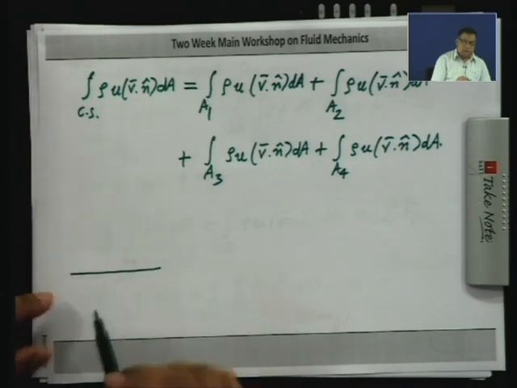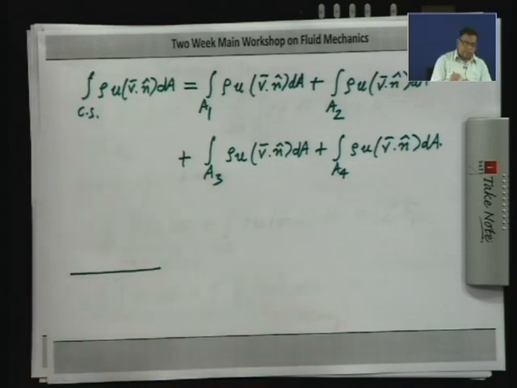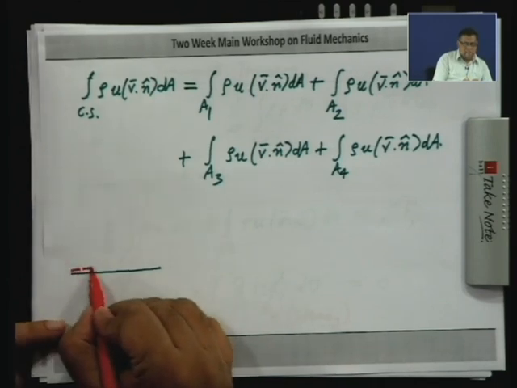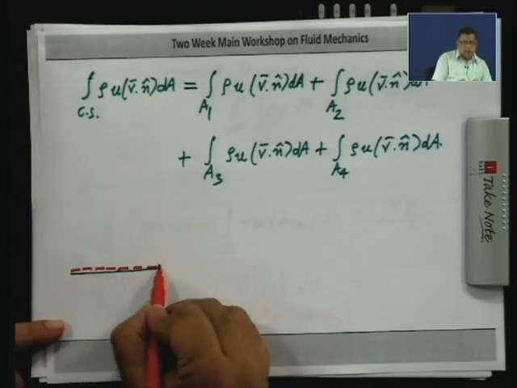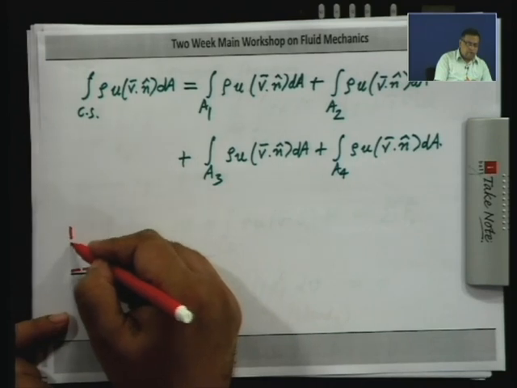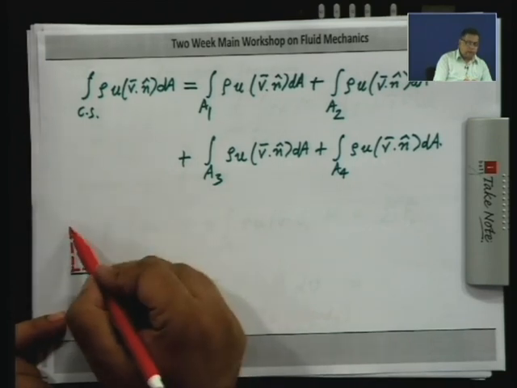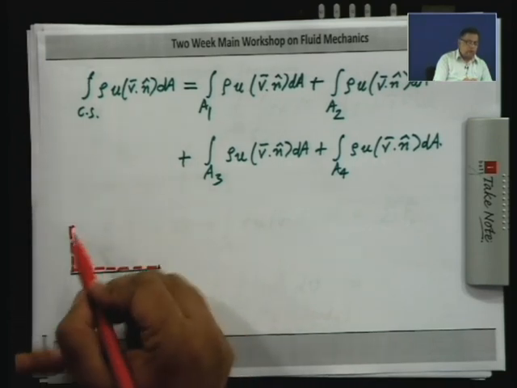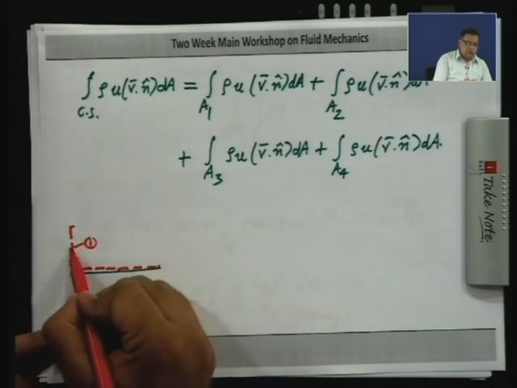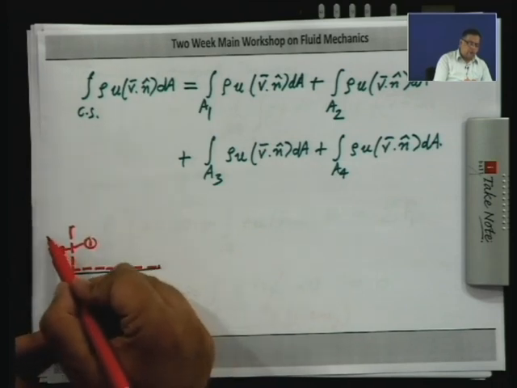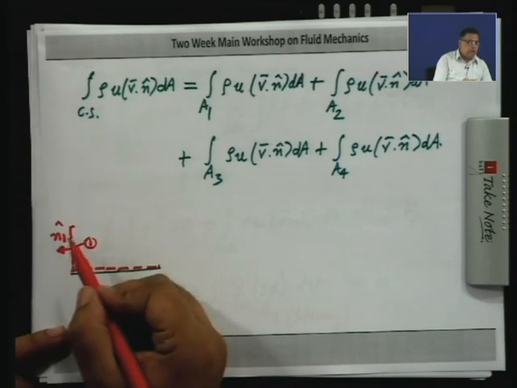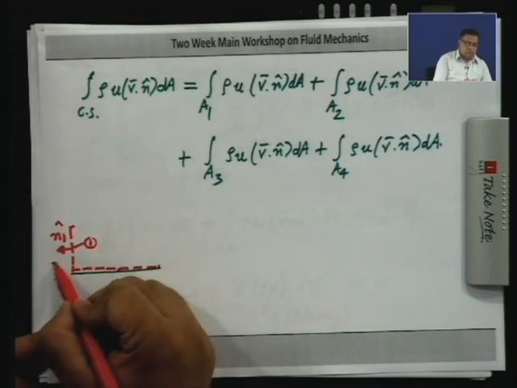I will draw the control volume again. This is a plate. You have one surface through which fluid is entering. So, this we called surface 1 and the outward normal was n 1, which is minus i.